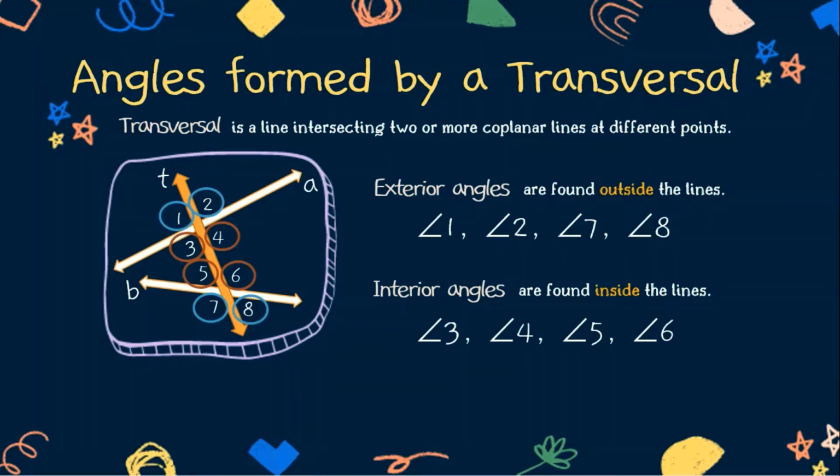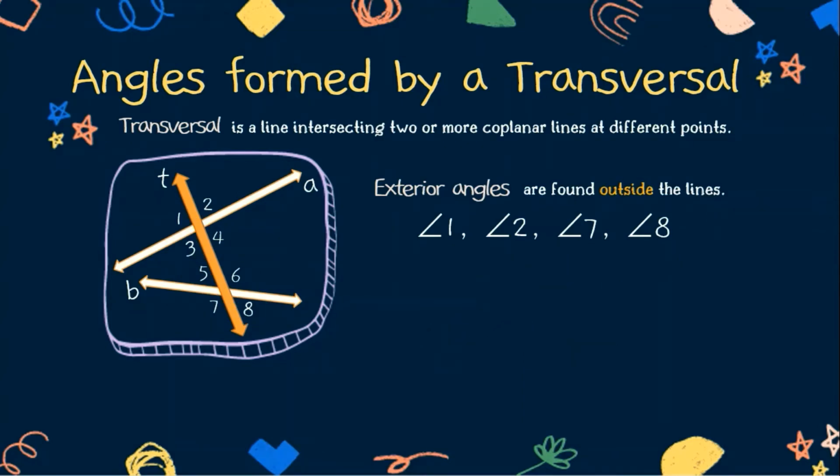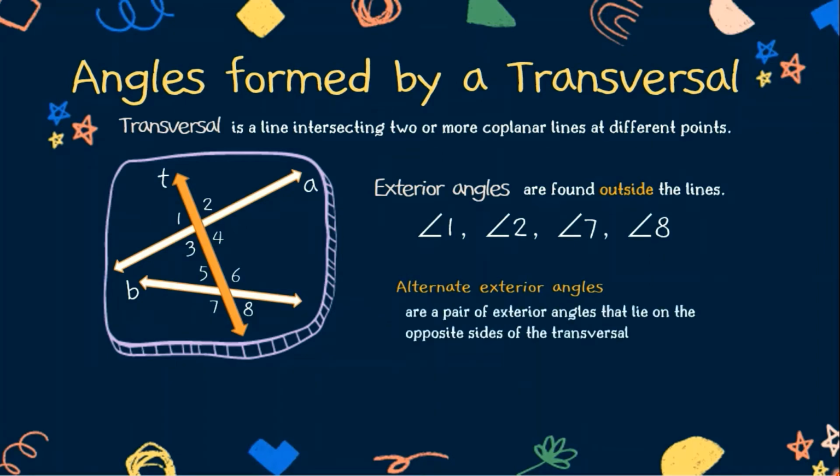Let's further classify these exterior and interior angles. Magsimula muna tayo sa mga exterior angles, 1, 2, 7, and 8. First, we have what we call the alternate exterior angles, a pair of exterior angles that lie on the opposite side of the transversal. So, kung ito yung transversal, meron siyang dalawang side. Ito yung left side niya at ito naman yung right side niya.